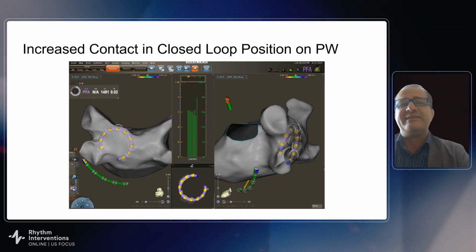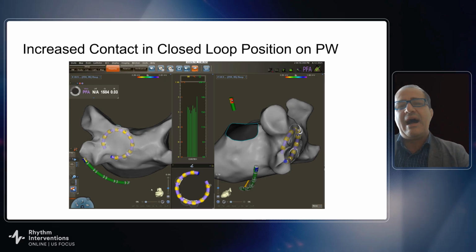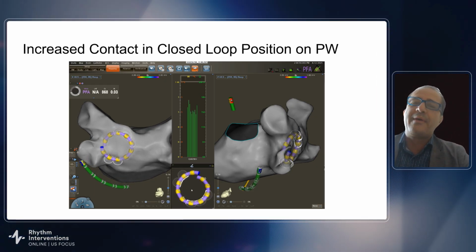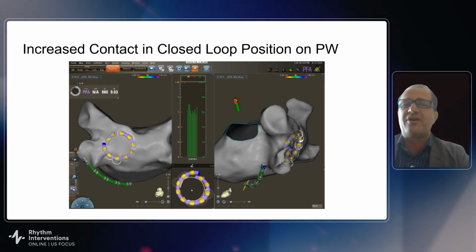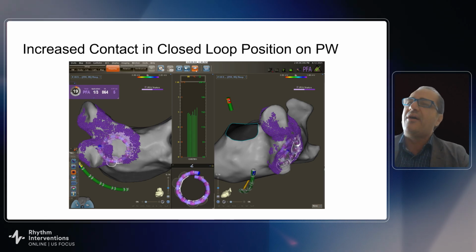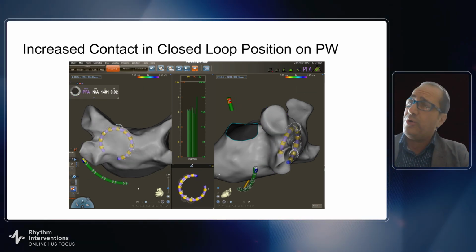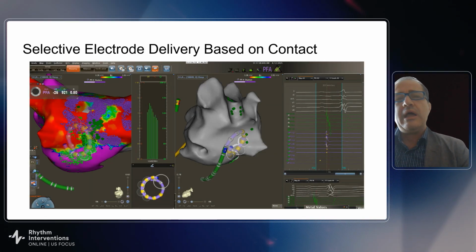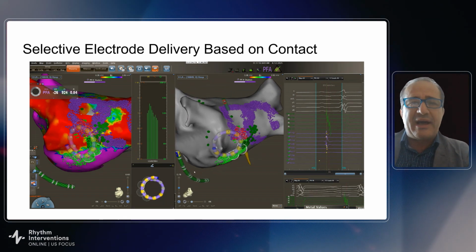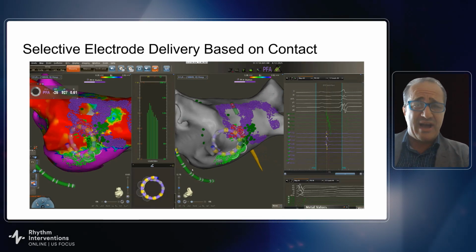And you can see here again how we move the catheter, and sometimes closing the loop or opening the loop can give you more contact or less contact, visualized again on this bar and on the ultrasound. Again, another example here, this part of the catheter is going on an area of scar.